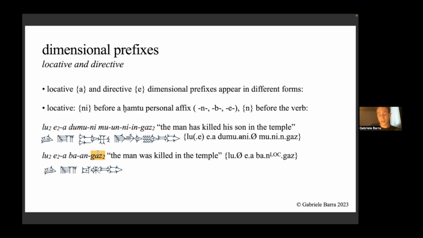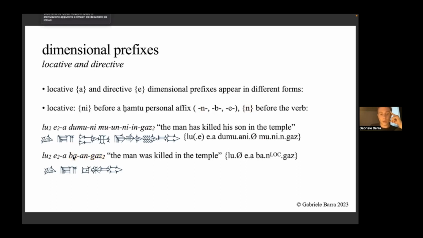So again, the verb is gats. Then we have ba, which we know can usually be the passive. So with the passive, do you use the n, so the personal affixes? No, you don't, because they are only used for active verbs. So the n here cannot be a third person singular marker. It has to be something else. And in this case, it happens to be the n of the locative.